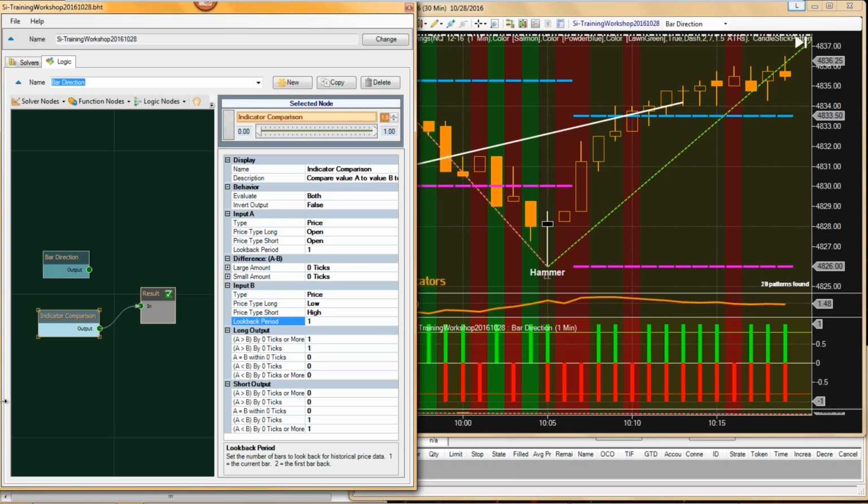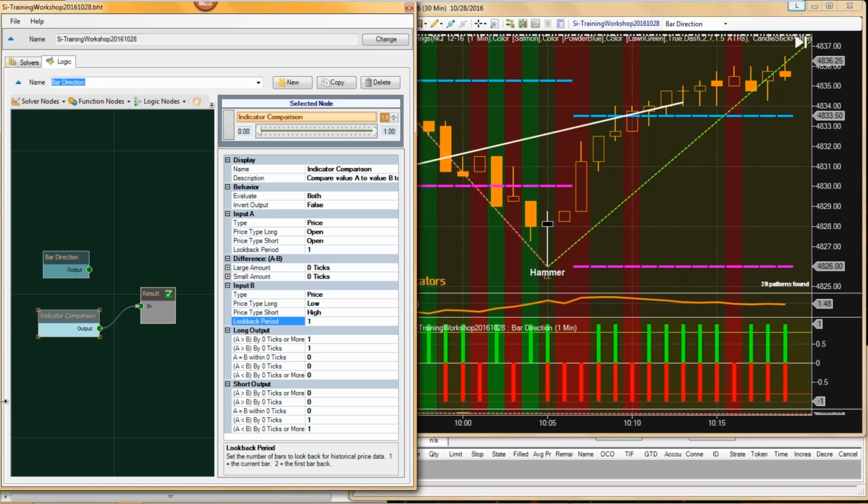All right, so we've got a multi-price pattern question, I guess. We want to identify a candle that has a higher close than the open, so that would be a bar direction.